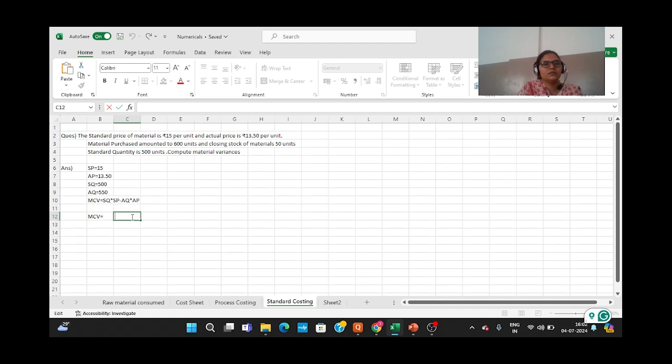Standard quantity is 500 multiplied by 15, minus actual quantity, which is 550, multiplied by 13.50.